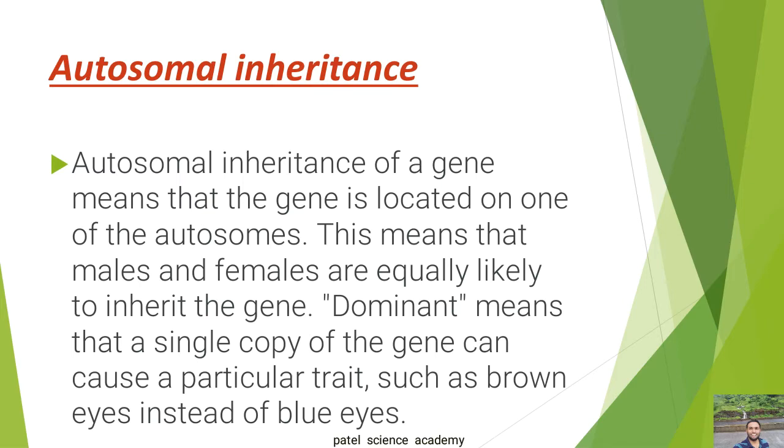So I hope autosomal inheritance has been understood by you. So what is autosomal inheritance? It is the inheritance of those 22 pairs out of the 23 pairs of chromosomes, which are not responsible for the determination of the gender of that parent.